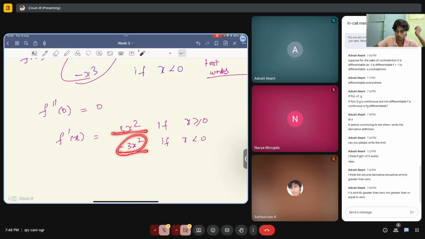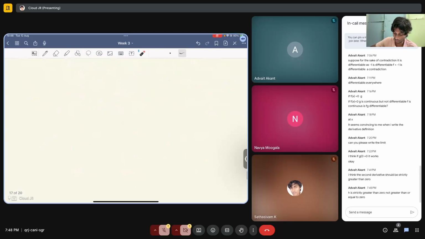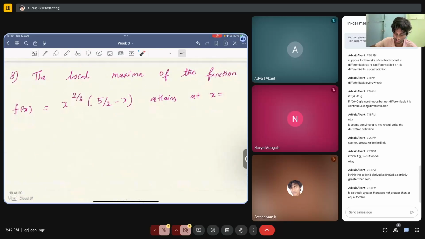The first derivative moves from negative to positive as you move in this direction, toward 0 and beyond. So the first derivative test works, and you can see that this is a minima, but the second derivative test does not work. I just want to mention that sometimes that is the thing.